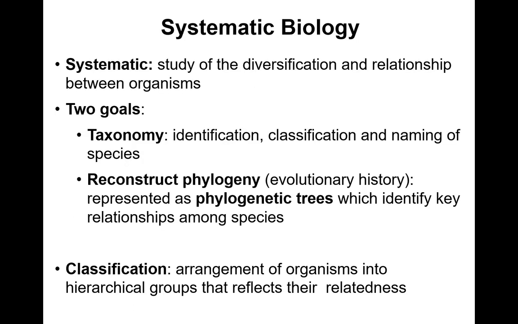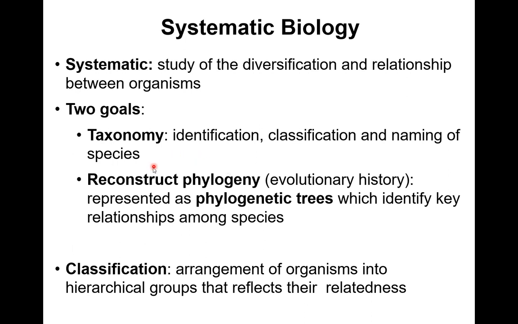What is systematics? Systematics is the field that studies the relationships between organisms in terms of evolutionary relationships. Okay, and so it has two main goals. The first one, again, is to reconstruct the relationship, so reconstruct the phylogeny or evolutionary history of these different organisms, starting from the original common ancestor and how closely they're related and so on.